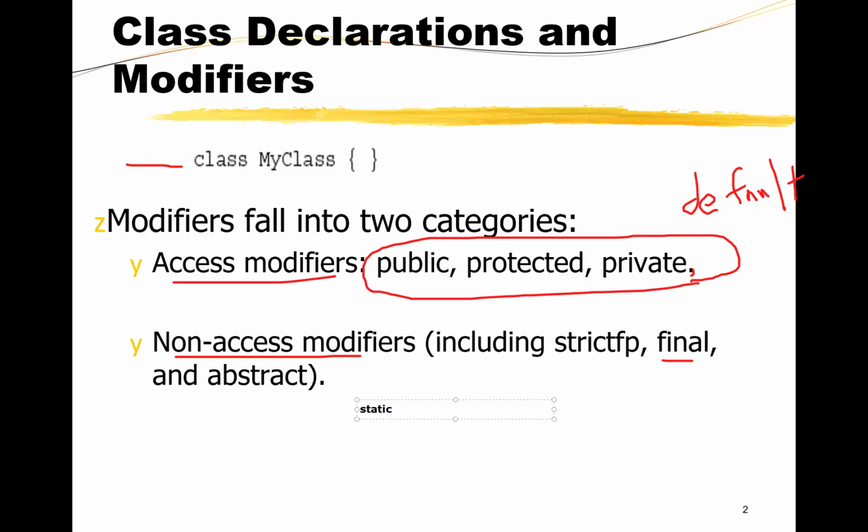Static means attributes belong to the class, not to an object. Then you have abstract, which can only be declared in abstract classes. Abstract classes have abstract methods. Therefore, if it is an abstract method, you don't have to define the body. I will be showing you examples as well. And then transient, synchronized, and volatile, likewise we have.